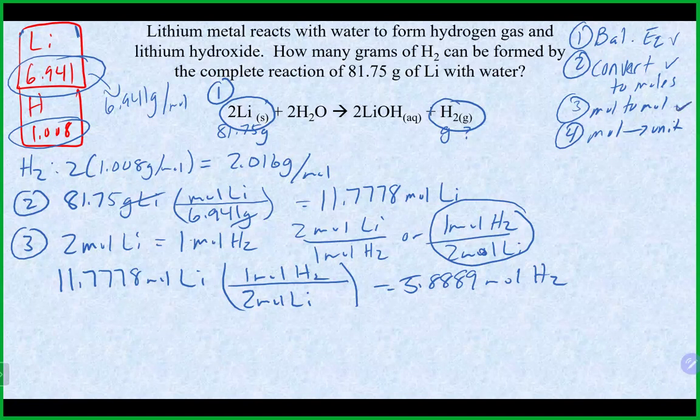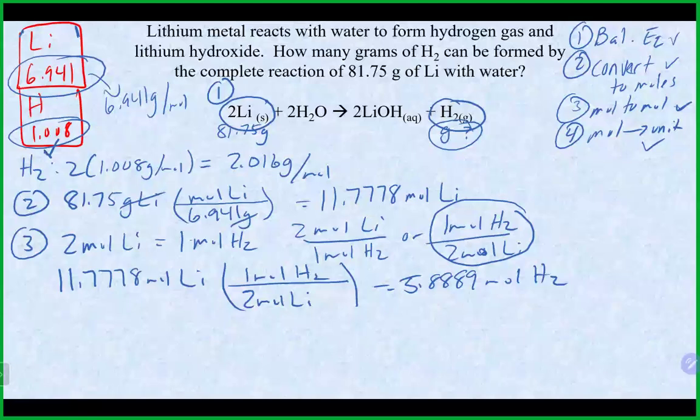Here we will need to do the fourth step because we are looking for grams in this case. So we will need the molar mass of H2. I guess I just jumped the gun on that one. That is the molar mass there of H2 from the periodic table to do our fourth step.